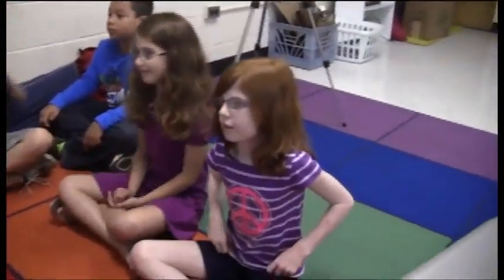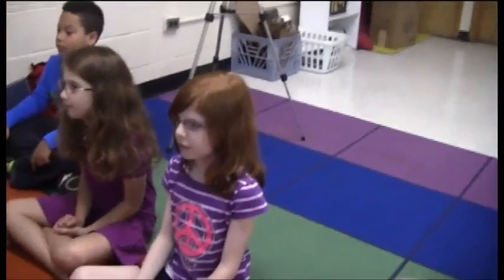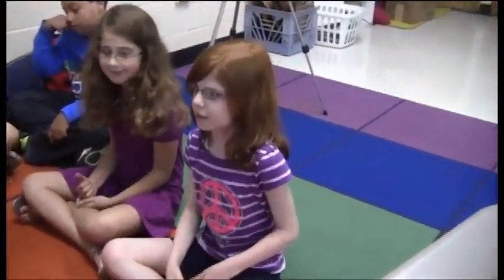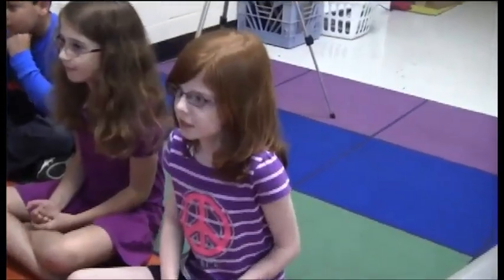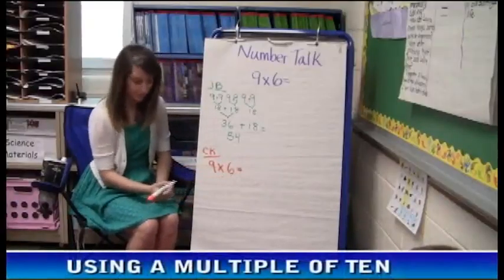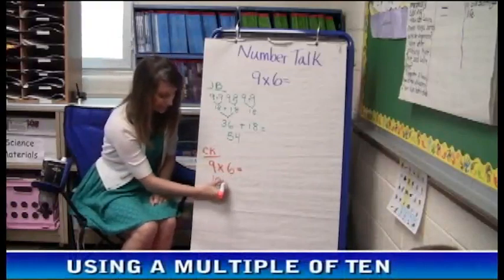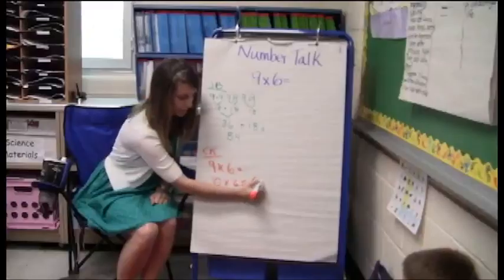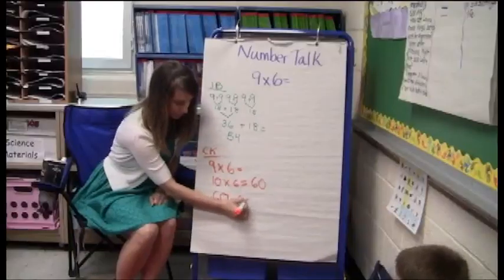Carolyn, what would you do to solve this problem in your head? You could do 9 times 6, and instead of 9 times 6, you could do 10 times 6. Okay. And 10 times 6 equals 60. And then 60 minus 6 equals 54.